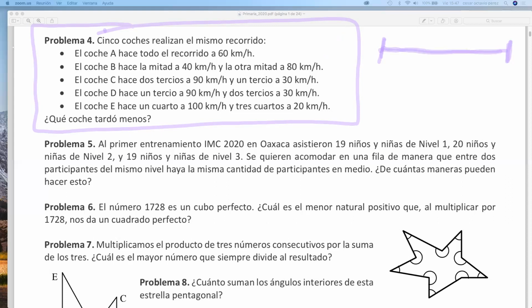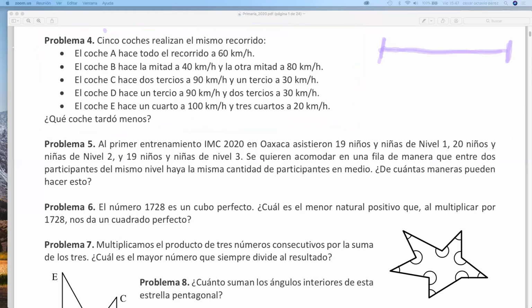Do you want to skip this problem, only for a moment, and we try the next? Okay. One hint. We have one formula: velocity equals distance divided by time.